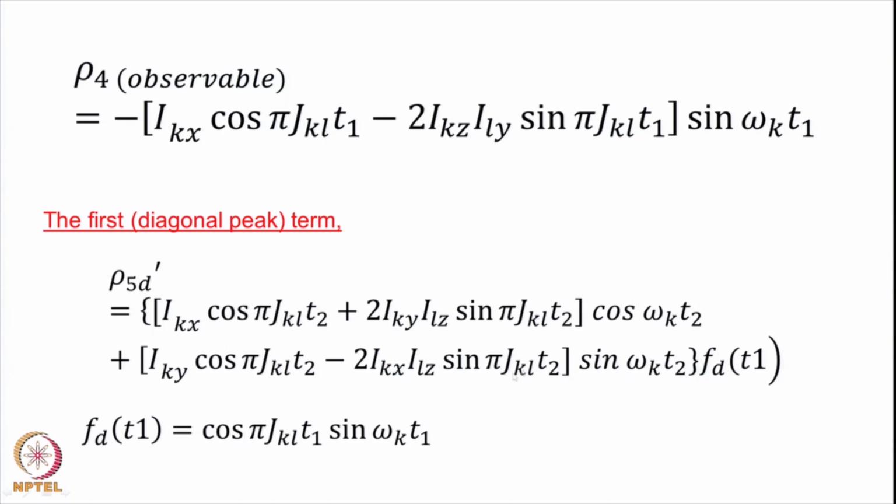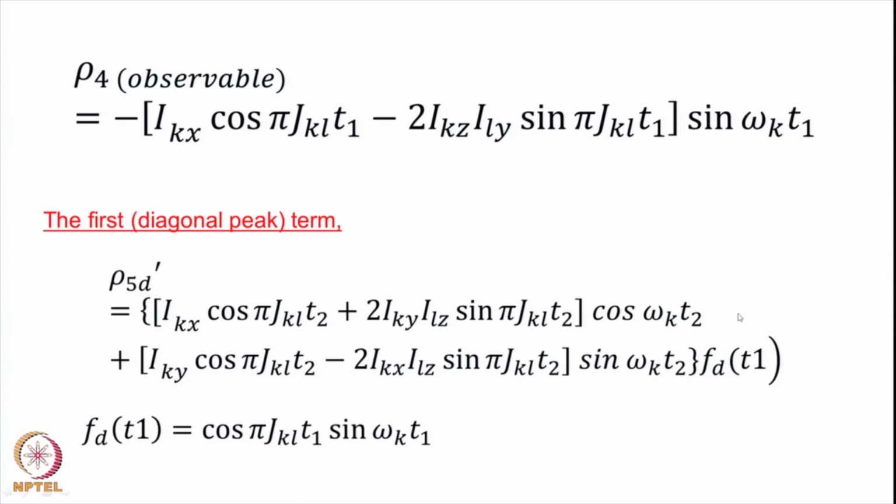This comes as a result of evolution of the Ikx operator first under the influence of the chemical shift Hamiltonian. So, that gives you the cosine omega k and sin omega k here, and then under the influence of the coupling Hamiltonian that gives the terms which are in the interior brackets here. So, Ikx term will give you these terms, Iky term gives you these terms as a result of coupling evolution during the period T2.